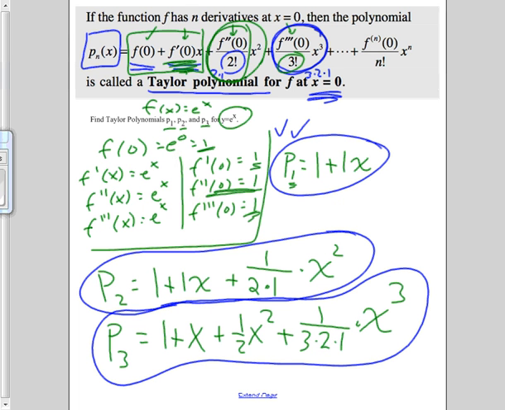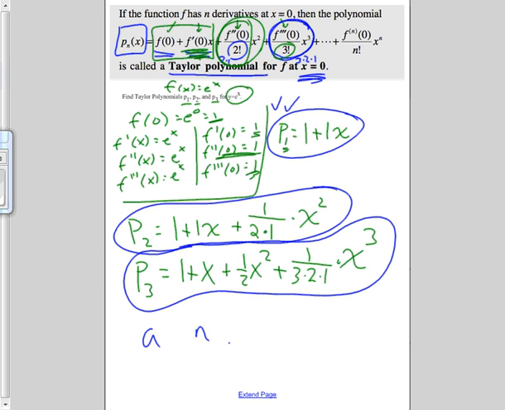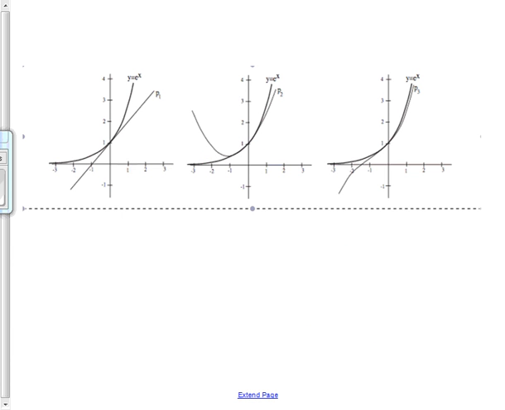And what I was trying to say earlier, hopefully it was clear, is that as n increases, our polynomial function improves. And we can see that on the next slide. If we look at each of these graphs with respect to e to the x, here we have our P1, P2, and P3 approximation.